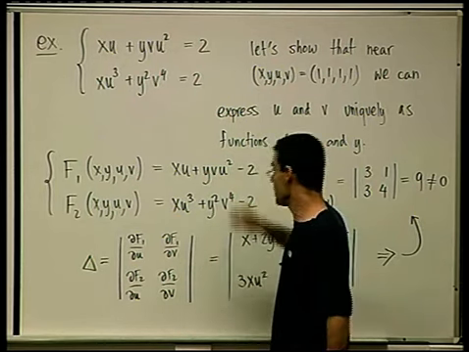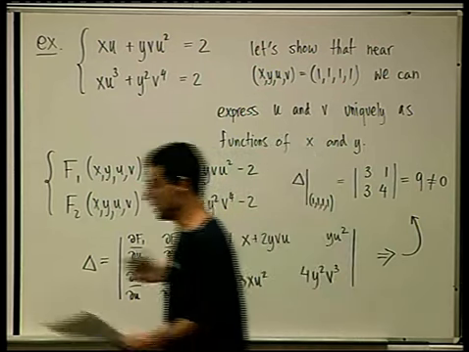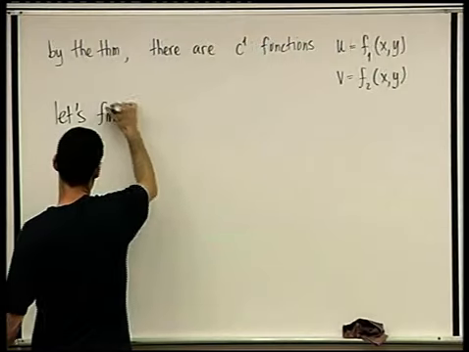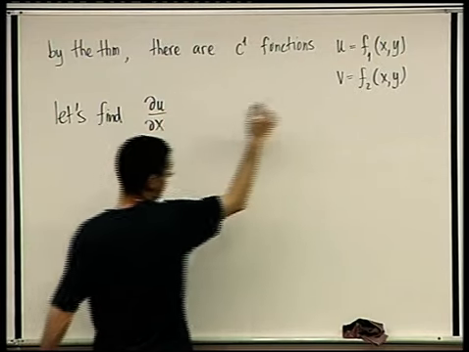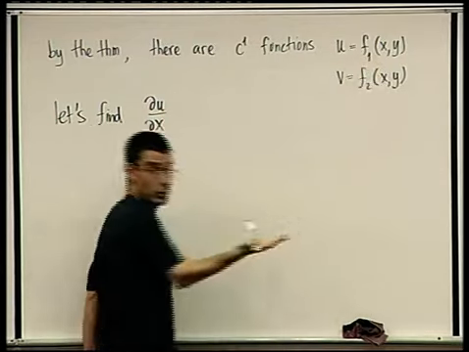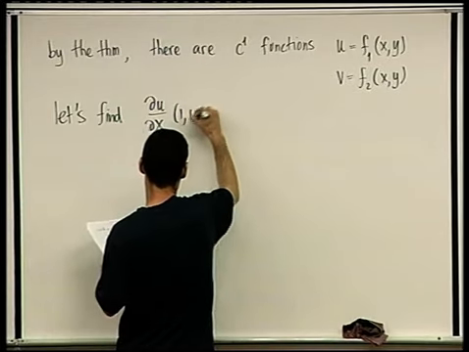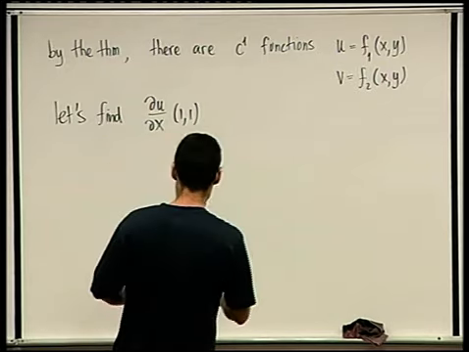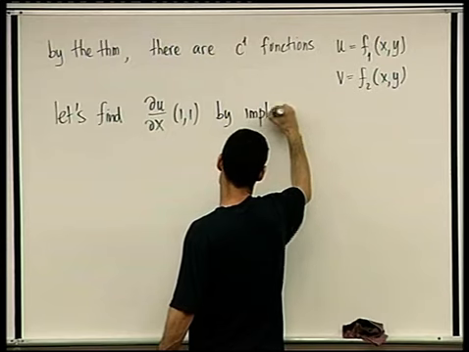Is it clear what I'm going to do? So let's find the derivative of u with respect to x, or you can call it the derivative of f1 with respect to x, at the point (1, 1), by implicit differentiation.